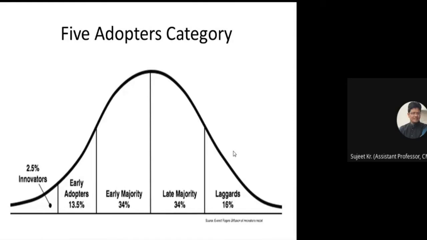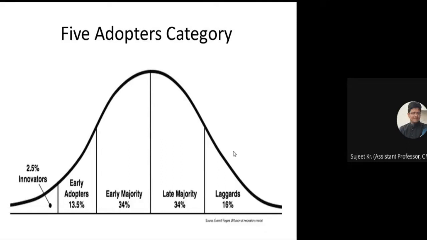They are a little conservative kind of people, and they need some success stories, right? They need results and data, that this much of the population has adopted this thing and how they benefited. So they will see the data and the results, how many people were affected, and only then will they adopt it. They will see that okay, it's rampant.